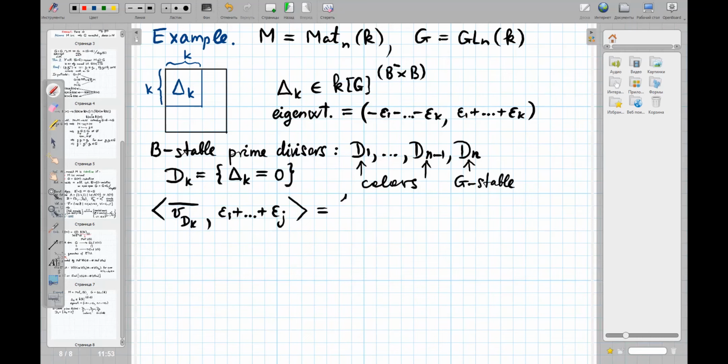So this pairing is equal to 1 if j equals k, and to 0 otherwise.